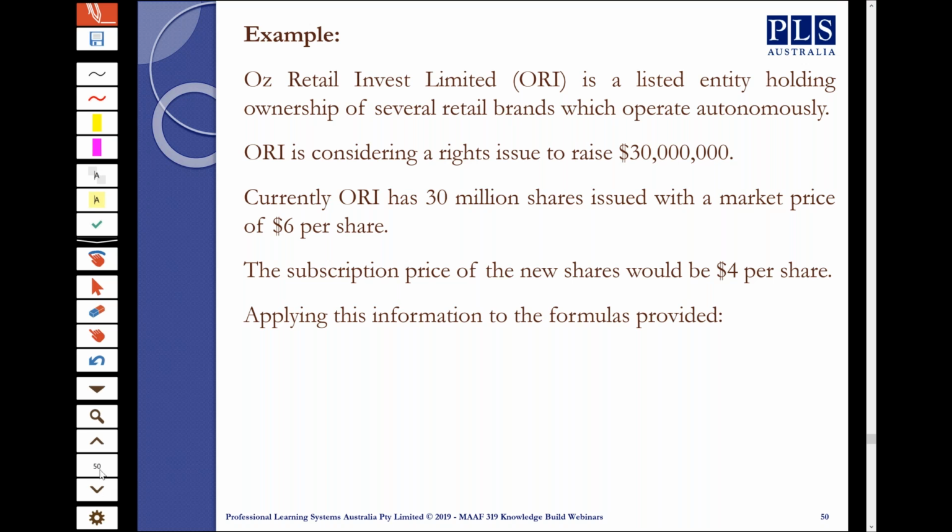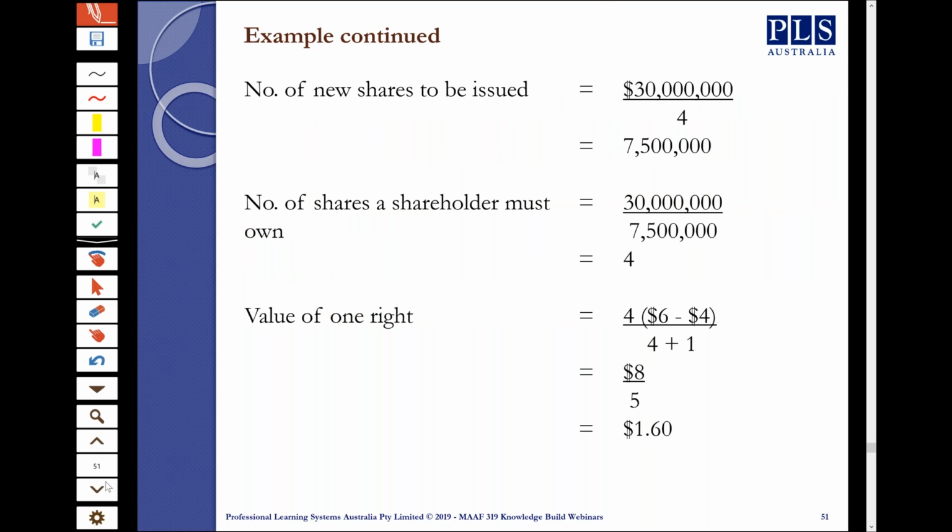Applying this to the formulas provided, number of new shares to be issued would be your 30 million on 4, which would be 7.5 million. Number of shares a shareholder must own would be 30 million on 7.5, which gets you 4. And then your value of one right, so as I said, it's at a discount to market, would be $1.60. So that is the value. And note, you can trade in the rights.